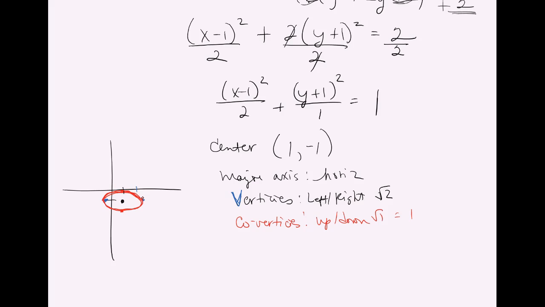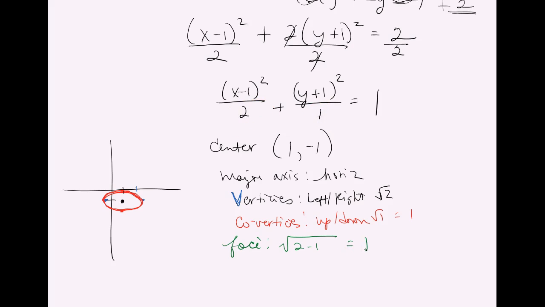Now to get your foci, I'm sure you have formulas for it in class, but the way I do it just for my equation is I take my 2 denominators and I subtract them, and that's all under the square root. So 2 minus 1 is 1, and then I square root that and I get 1.